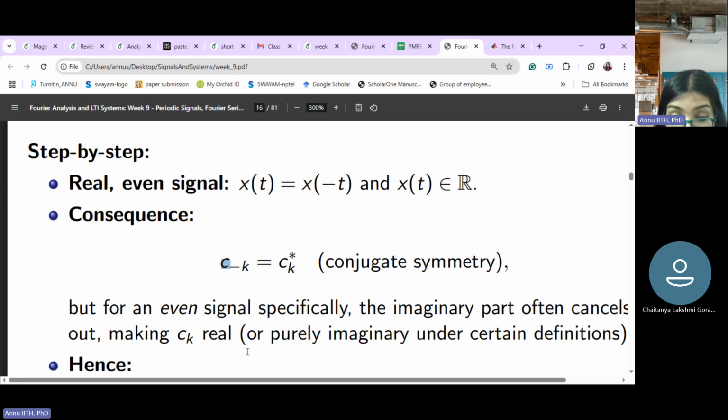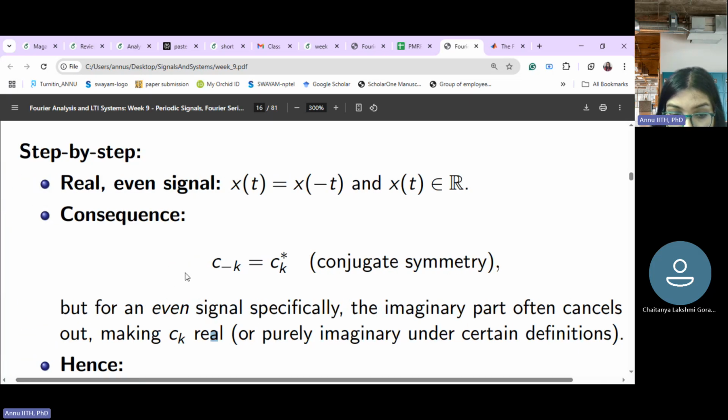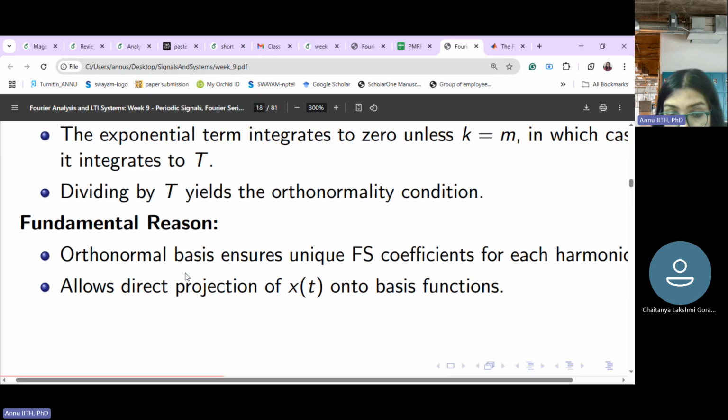Similarly, if you relate it to the Fourier series, for the even signal specifically, the imaginary part cancels out, making c_k real. It is purely imaginary in the case of an odd signal. Odd signal means x(t) equals minus x(minus t).